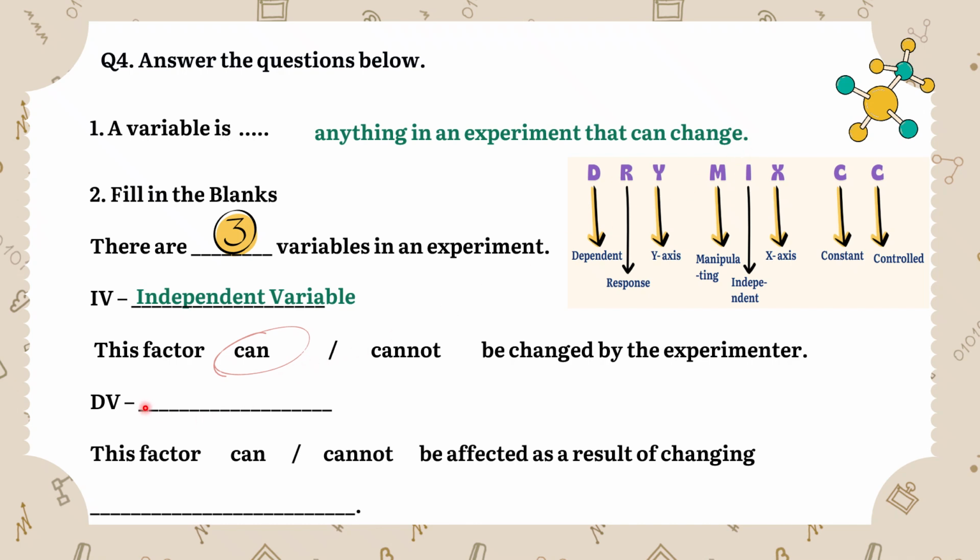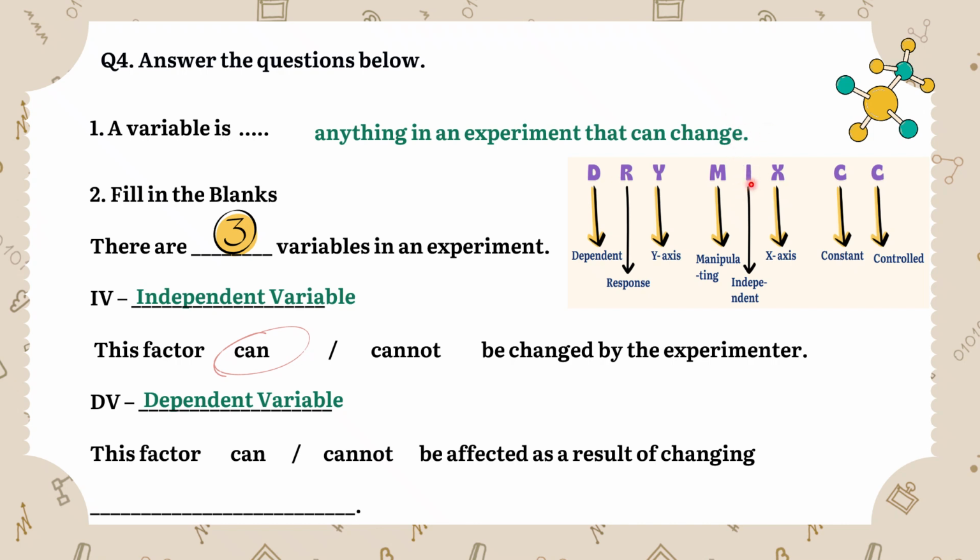Okay. Now the next term is DV. DV stands for dependent variable and this factor can/cannot be affected as a result of changing dash. For this question, we can also refer to the same trick. What we learned in the previous session is that whenever the factor we are manipulating, that factor is called the independent variable.